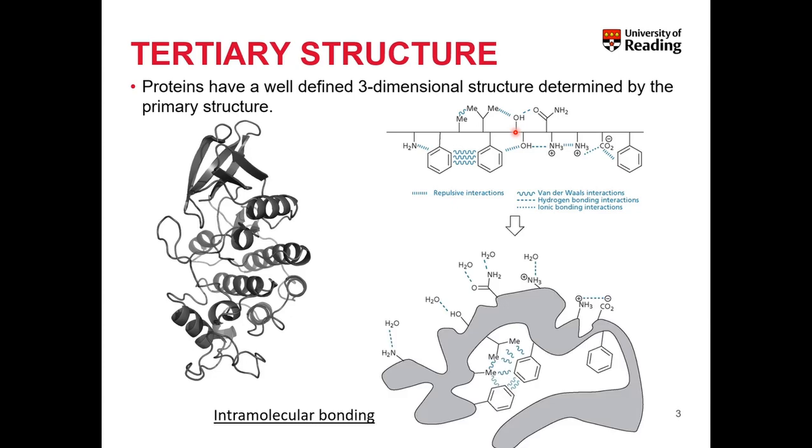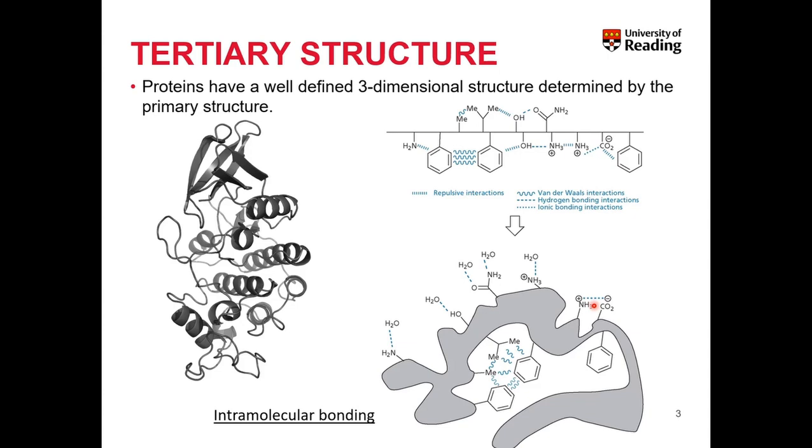Now, this causes protein to fold up and adopt its shape. It also means that the protein can possess some areas that are hydrophilic and others which are hydrophobic. So typically proteins will have hydrophilic amino acids on their surface, and this enables them to be soluble.